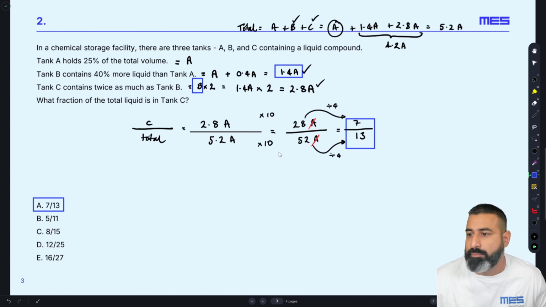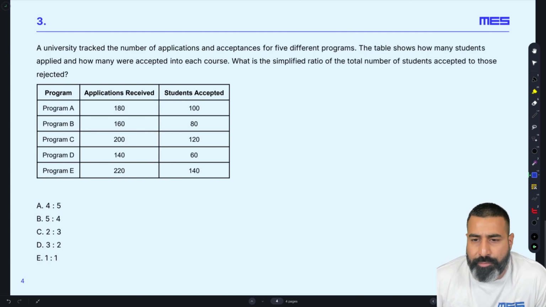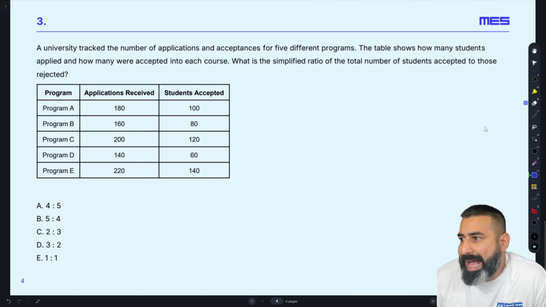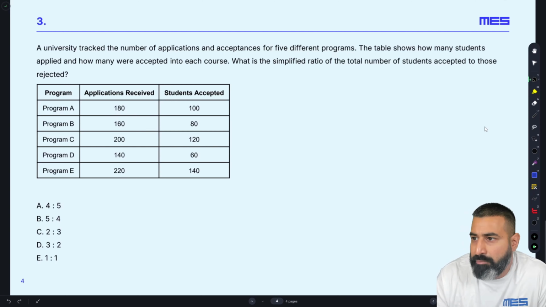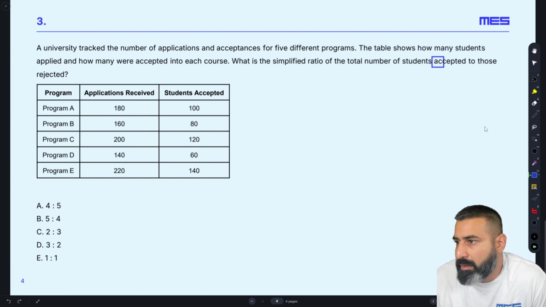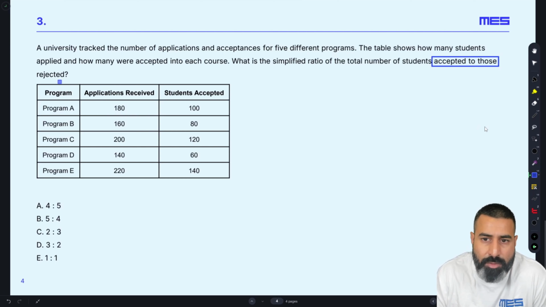and bingo. Question number 3. Hopefully it's not going to be as meaty. So to get to the gist of it, we've got some applications received and the students accepted. We want the simplified ratio of the total number of students accepted to those rejected. Okay, cool.